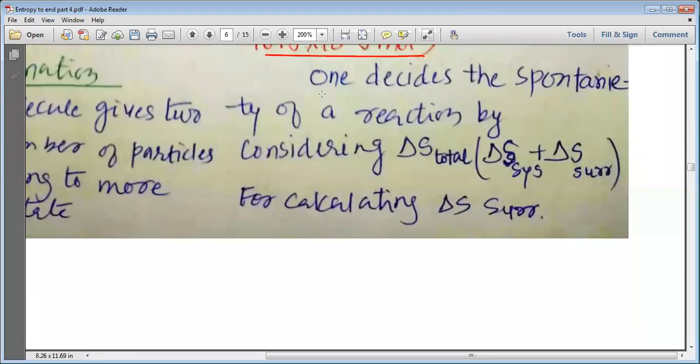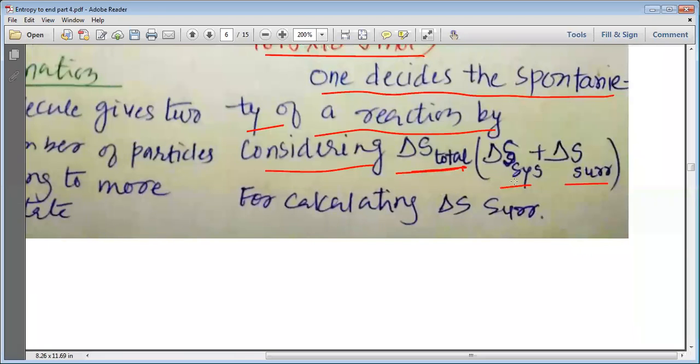So let us understand. One decides the spontaneity of a reaction by considering delta S total. And we know that delta S total is equal to delta S system plus delta S surrounding.